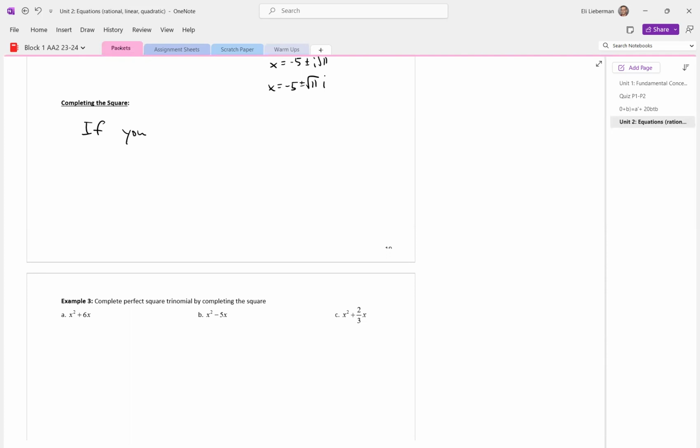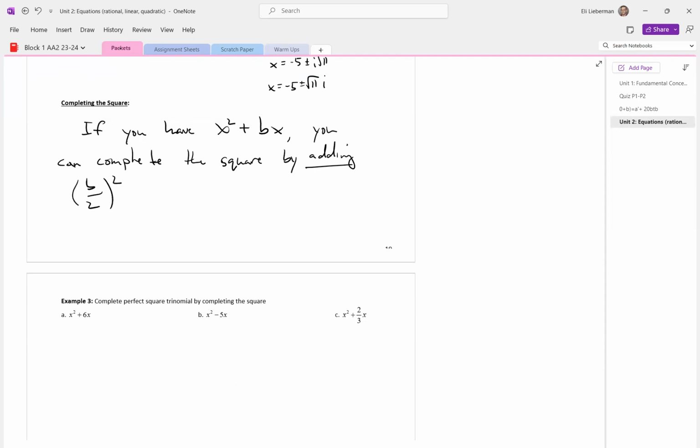If you have x squared plus bx, you can complete the square by adding, it's always adding. I only said to take half of that b. So we're going to take that b, cut it in half, and then square it.